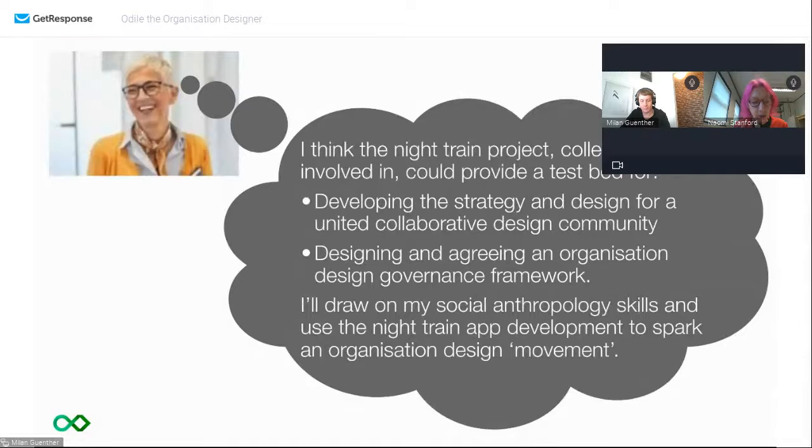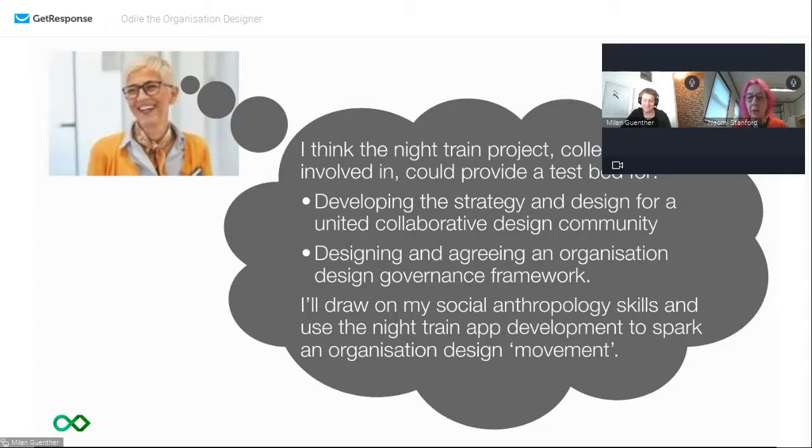Now, in her assess phase, she's come across the idea of this night train sleeper app project, which is a fairly small project in the scale of the whole intersection railway. Nevertheless, it's a complex piece of work. And if you've seen the other two webinars, it hasn't gone very well to date.